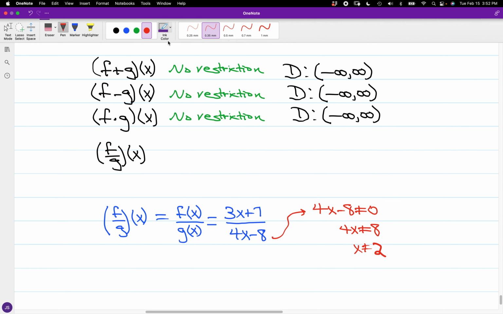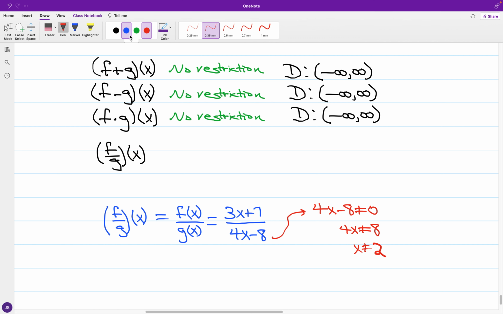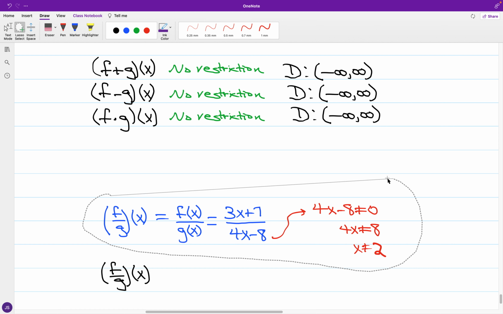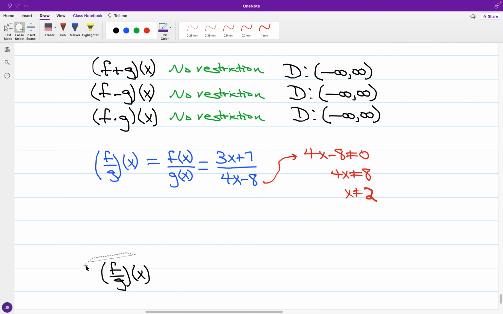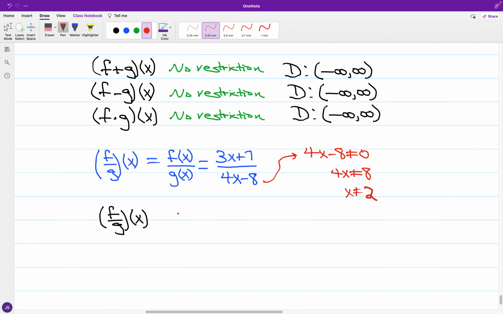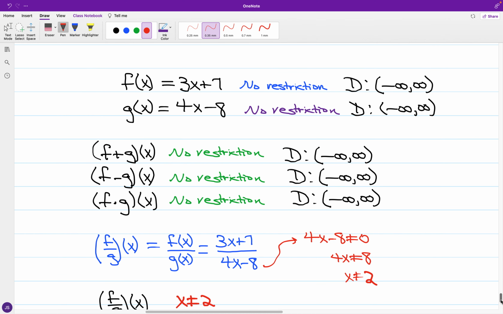And so from a visual perspective, we have the quotient function, again, being sort of the outlier. We have the restriction that x cannot be equal to 2, and it's the only function out of the bunch that has a restriction.